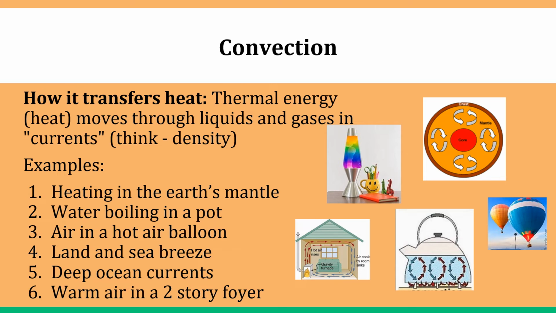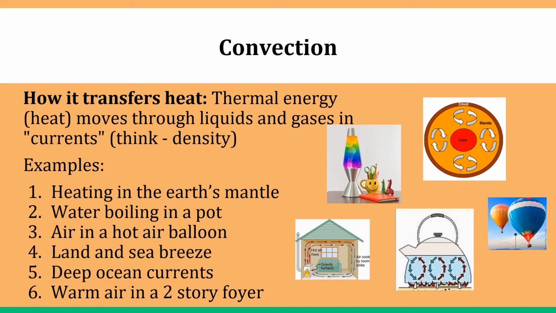Deep ocean currents are another great example. Deep in the ocean, the water near the equator heats up. It begins to move toward the poles. As it gets closer and closer to the poles, both the North and the South Pole, it gets cooler and cooler until it gets so heavy and dense that it sinks, and it begins its journey back down to the equator.